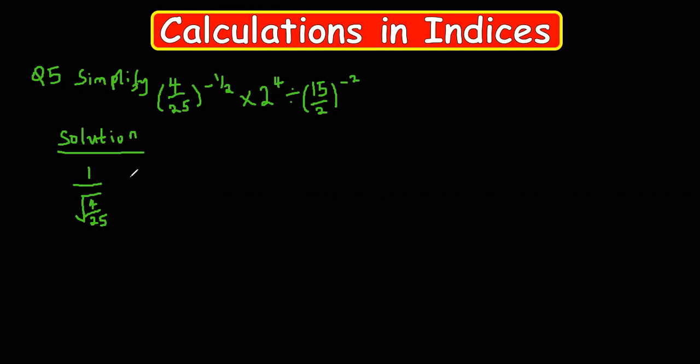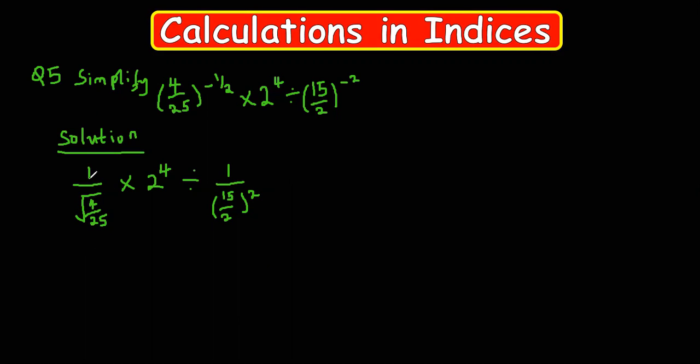Then multiply by 2 raised to the power of 4, which is going to be 16. Let's write it as this first, and then again the same thing here. We take the reciprocal here, so this is going to be 1 to get rid of this negative sign over 15 over 2 in brackets, raised to the power of 2. So we simplify.